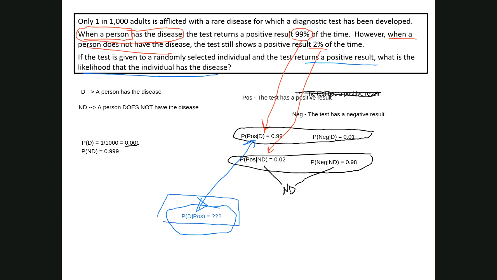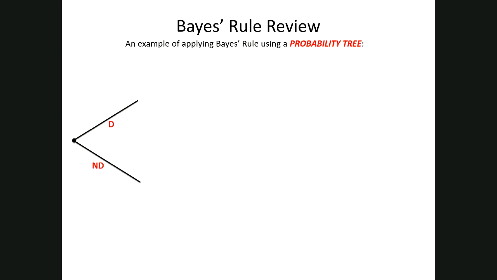And we're also going to introduce a tool that's called a probability tree to help us organize this information and come to the answer. Let's go to the next slide. But here's where we're going to introduce a probability tree to help us analyze the situation.